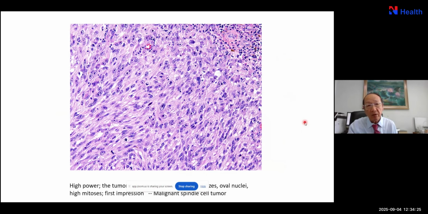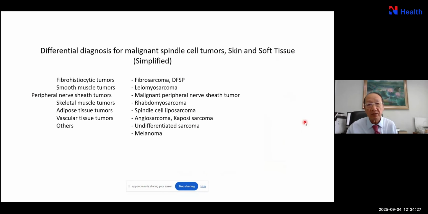The differential diagnosis for malignant spindle cell tumor or for skin and soft tissue will be a lot. There are five or more groups of tumor cells. They can be fibrohistiocytic tumor, smooth muscle cell tumor, peripheral nerve sheath tumor, skeletal muscle tumor, adipose tissue tumor, vascular tumor, and other, meaning it's unclassified.